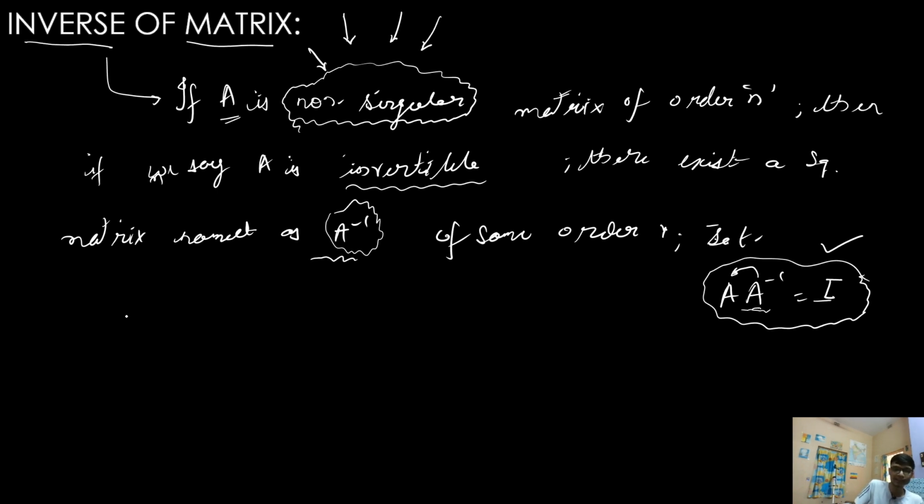Now from this particular relation, we already studied an important property, that is A into adjoint of A is equal to determinant of A into the identity matrix of order n. Now from here I pre-multiply both sides by A inverse.